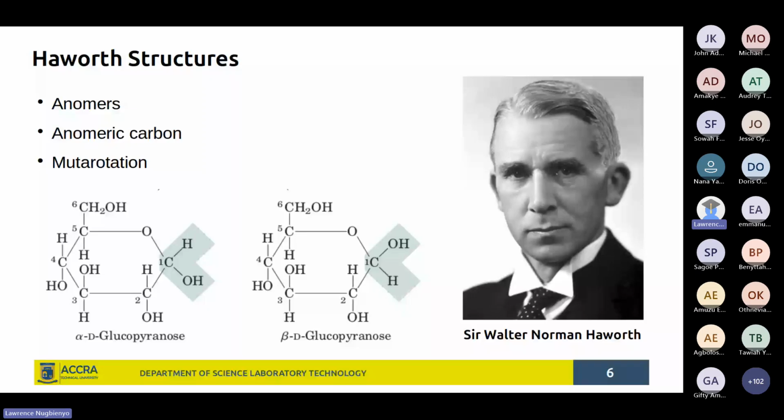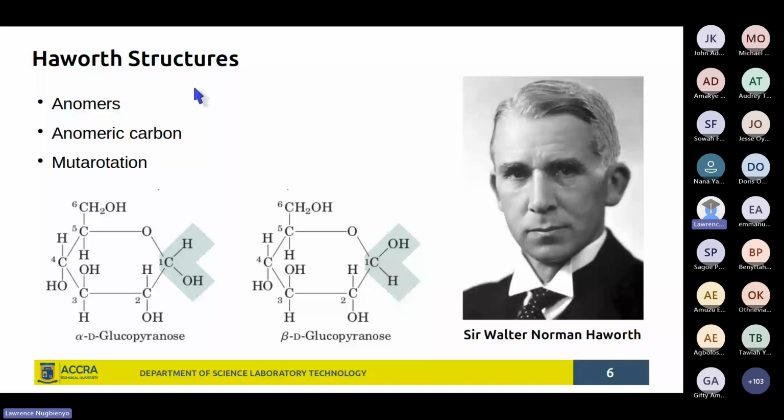Now you realize that we were talking about straight chain structures much earlier. Before now, we have come to cyclic structures. These cyclic structures are referred to as Haworth structures. Sometimes you see them referred to as Haworth perspective formulas, sometimes Haworth projections.